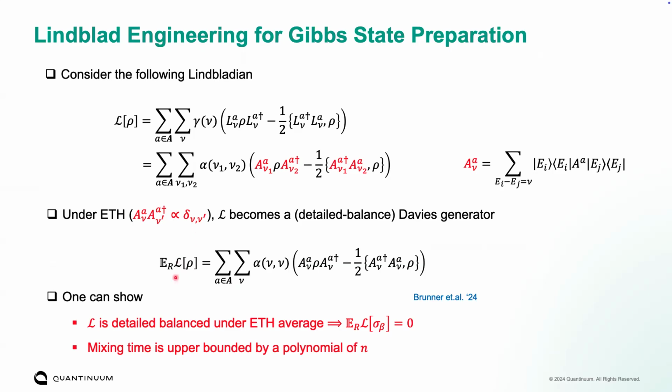You first take the average over this ETH random matrix, and then you also want to evaluate the fluctuation coming from this random averaging. So in the analytical calculation, we assume that A is roughly a random matrix, and then you can do the calculation.